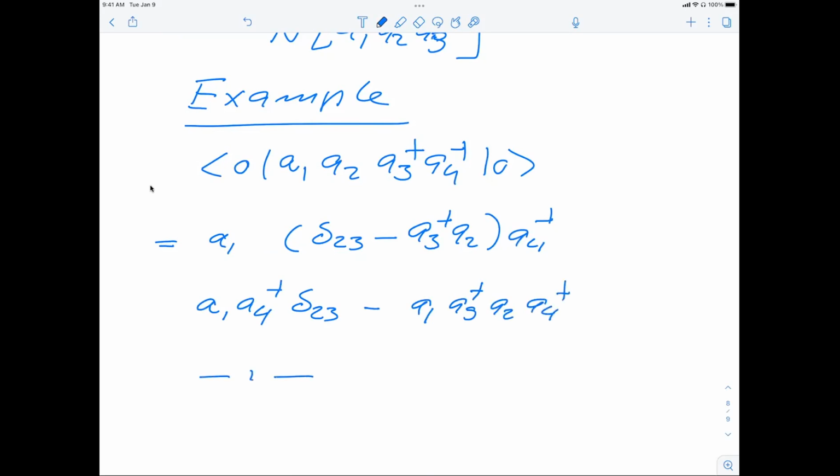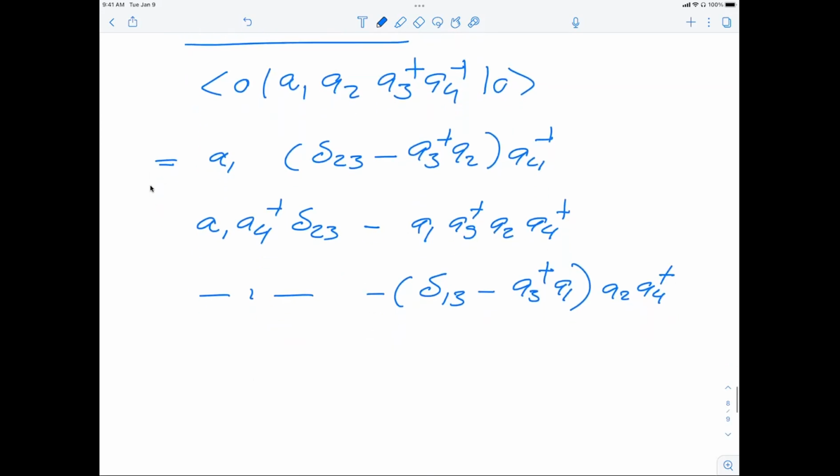So I just keep massaging here. I get minus, and now I'm taking A1 and A3 here. That gives me a Kronecker delta 1, 3, minus A3 dagger, A1. And then I have this multiplied with A2 and A4 dagger. Okay? So it's not very exciting here.